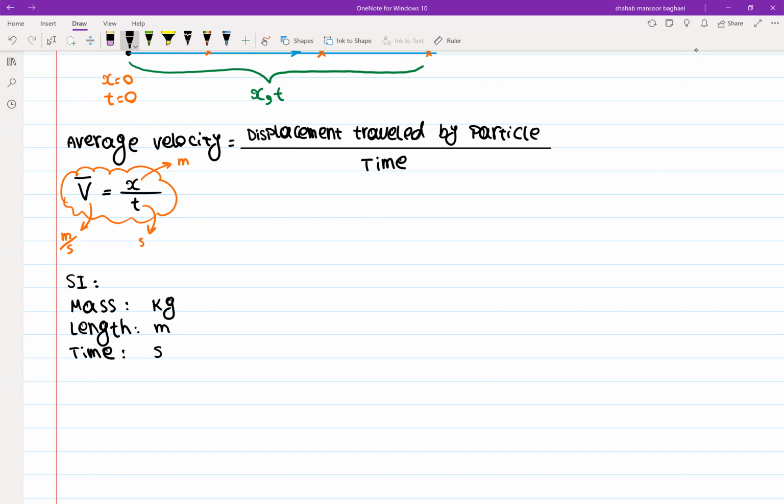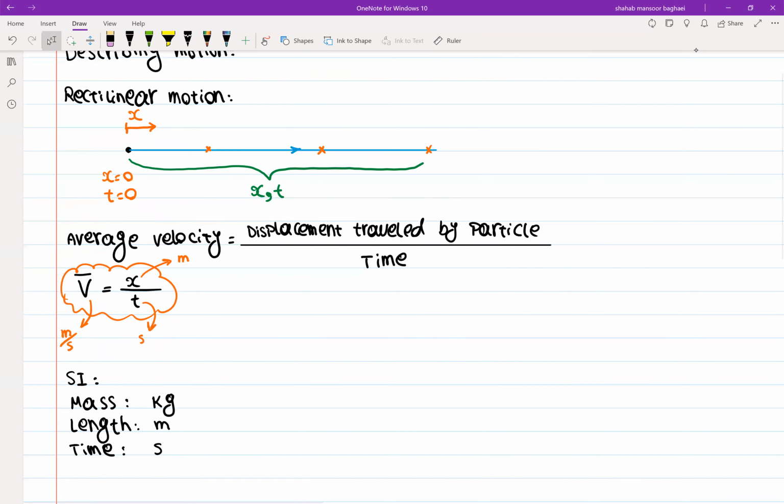Therefore, V bar, or average velocity, follows this equation. In other words, in order to justify the whole motion of your moving particle, you should focus on the whole motion and the total time of traveling and follow this equation. Then you can reach the value of average velocity.